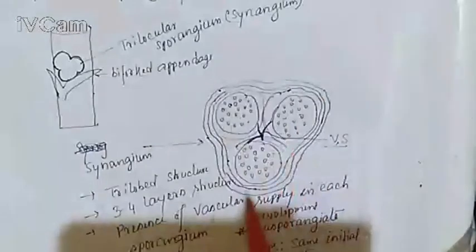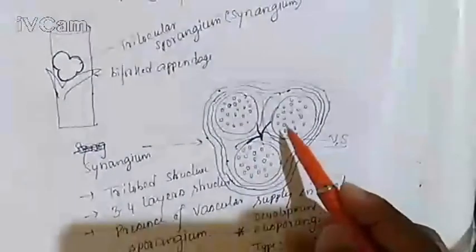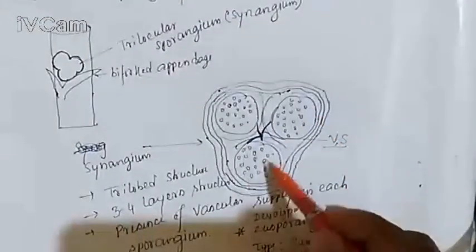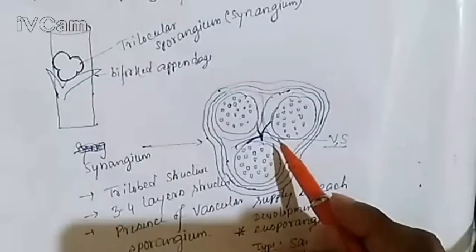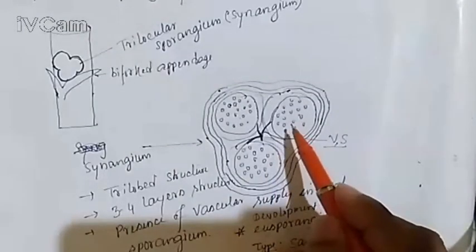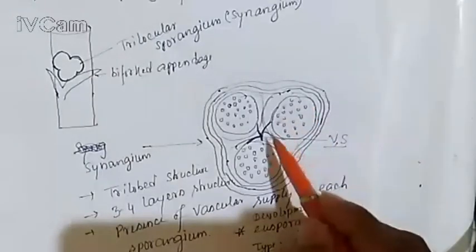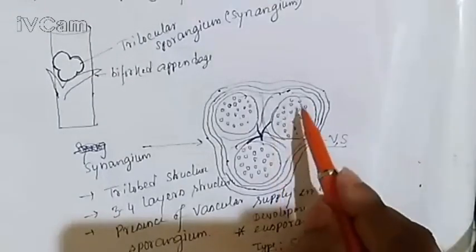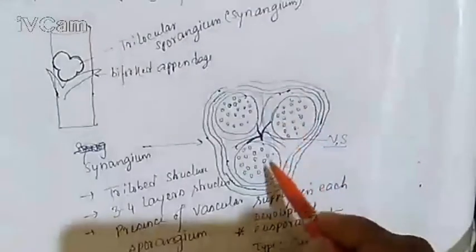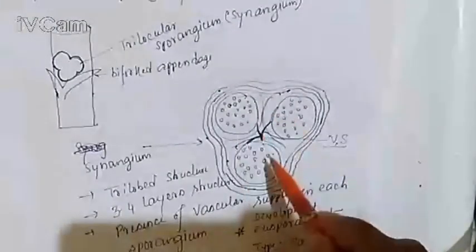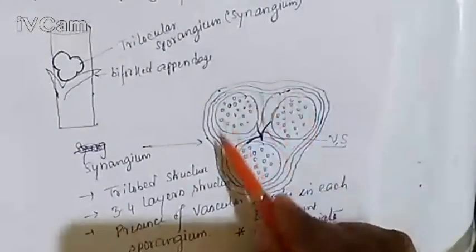How is it possible? If you ask me whether it is a single sporangium or not: it may be trilobed, but a sporangium generally has a single chamber. But in this case, there are three separate sporangia but fused.